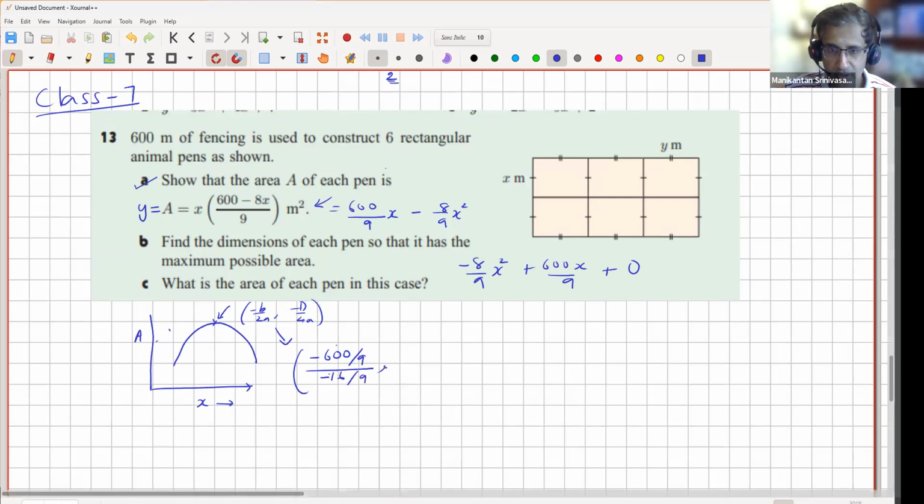That's your x coordinate. Whatever that simplifies to, 600 upon 16, I'm not going to simplify, but that's the x that maximizes your area. Does it make sense? Once you have x, you can find y based on the relation between x and y. Does it make sense, Sarah? Yeah. And what is the area of each pen? Once you find x and y, it's just the product.